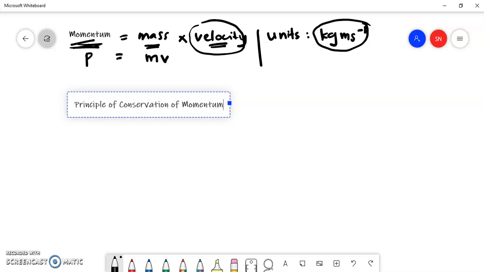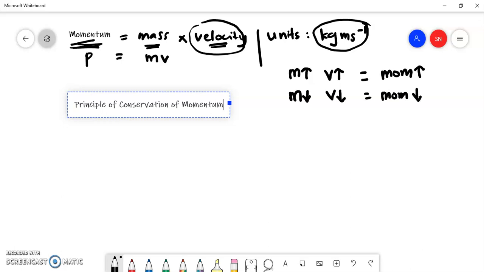Therefore, we can conclude that if the mass is greater or if the velocity is higher, the momentum of the object will increase. Similarly, if the mass of the object is smaller or the velocity is lower, the momentum will be smaller or decrease. Alright, so that is the concept of momentum.